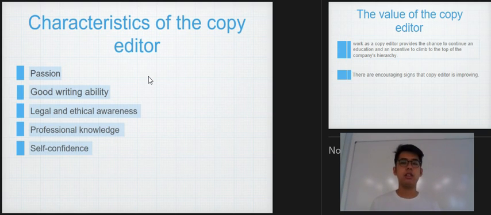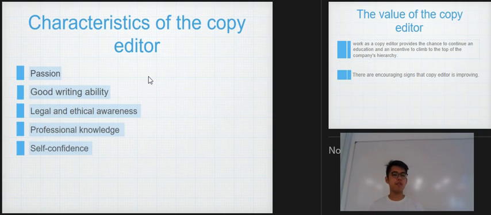In that case, they need to have passion towards their work, otherwise it will feel boring and exhausting very soon. And as I mentioned before, they need to be very sensitive towards sentences, to detect if there is anything wrong in them. In that case, they need to have very good writing ability.